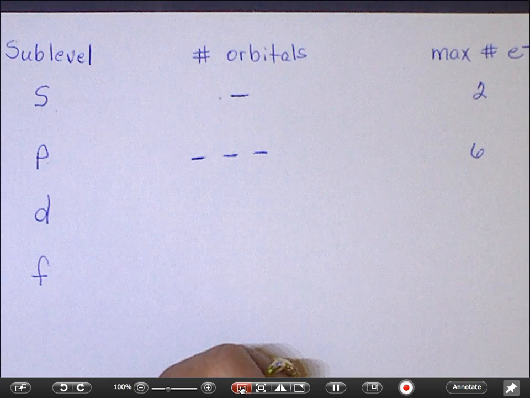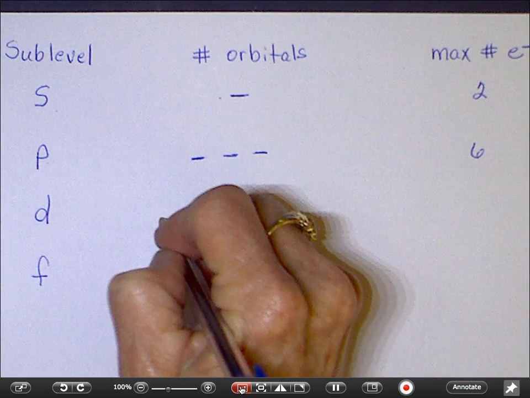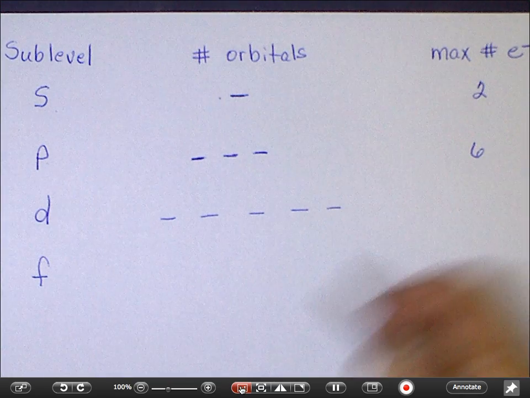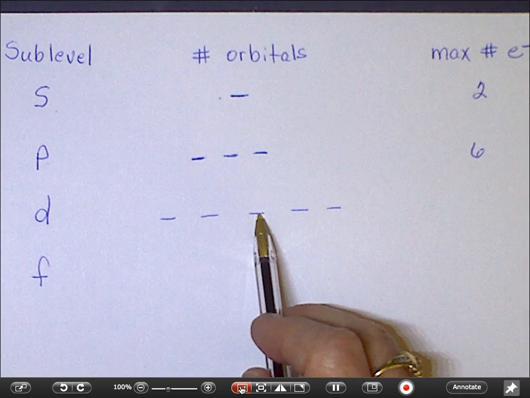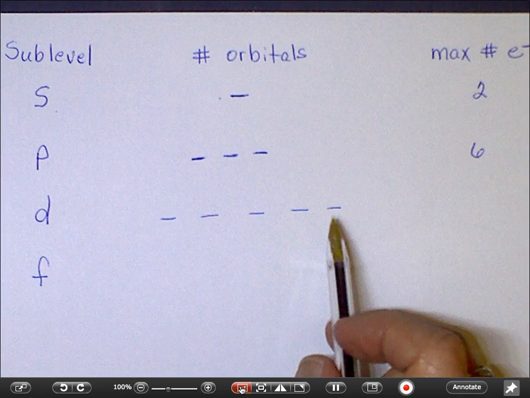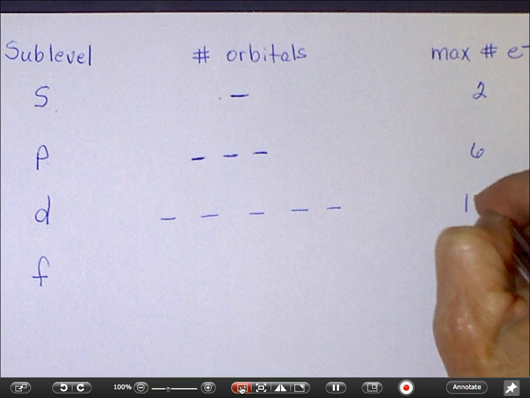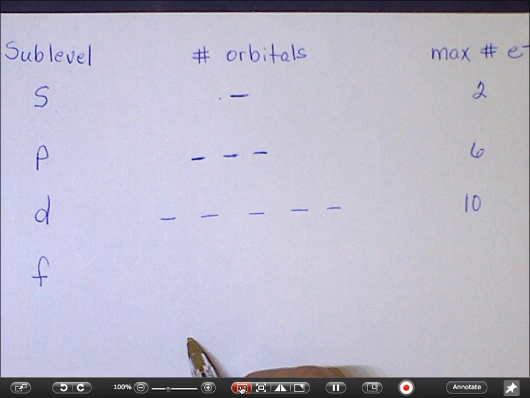How many orbitals for a D? 5. So 1, 2, 3, 4, 5. Each individual orbital can only hold 2. So 2 times 5 is a max number of 10 electrons that can be held in the D sublevel.